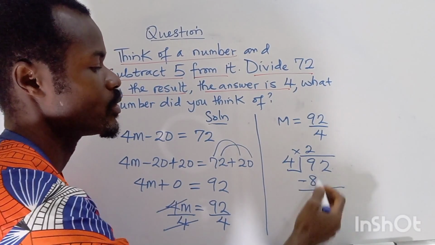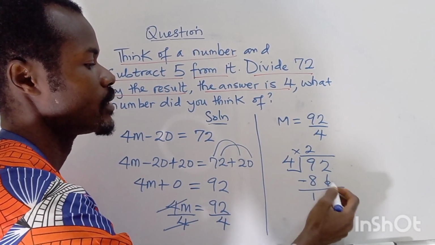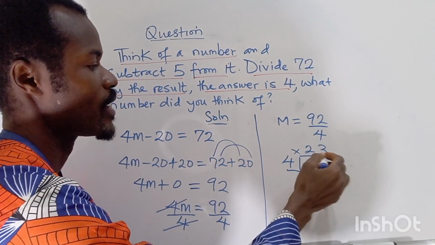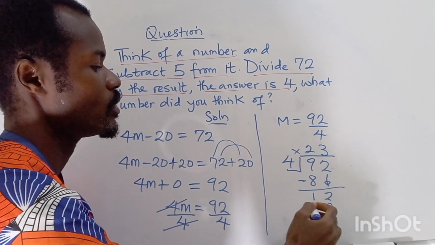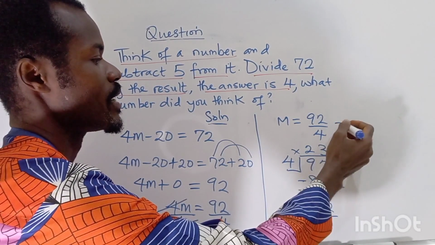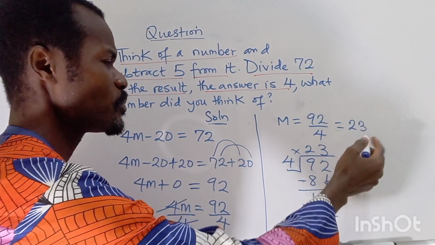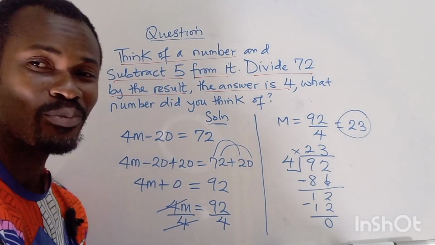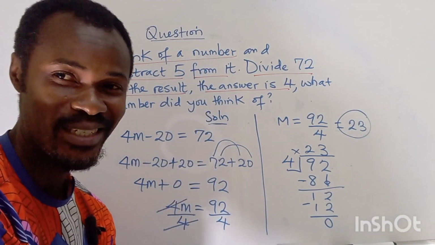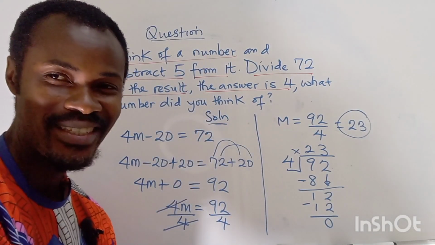If we subtract this, we have 1. We bring down this 2. Now, 4 into 12 is how many times? We have 3 times, which is 12. We subtract, this is 0. So this becomes our answer, 23. So the solution to this problem is 23. The initial number we thought of in this problem is actually 23.